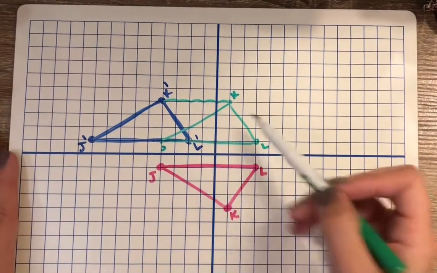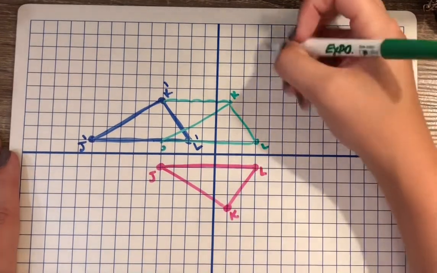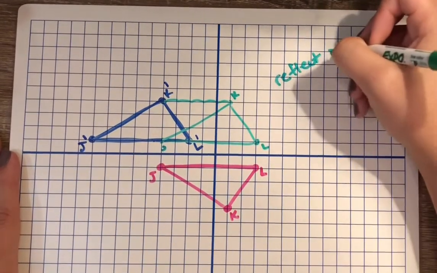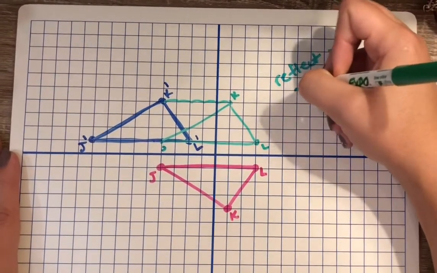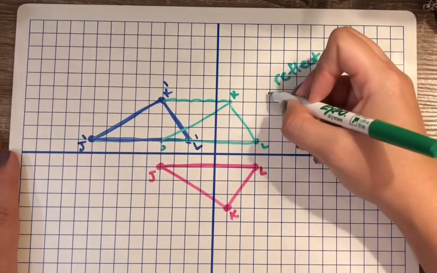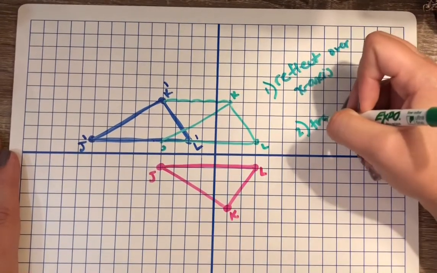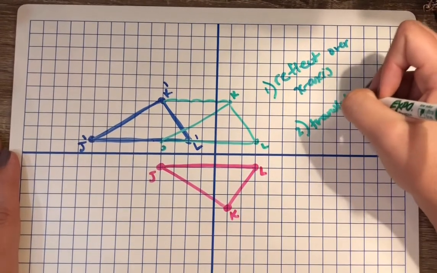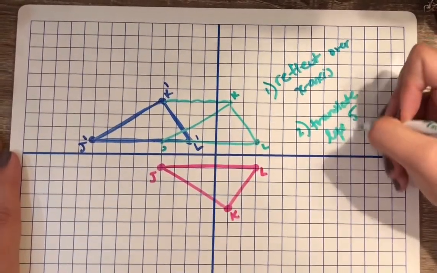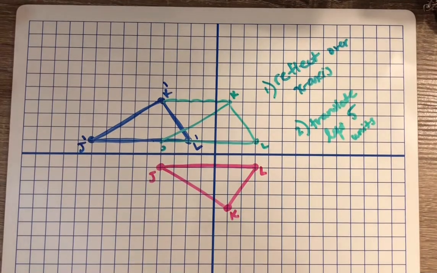So one way to describe this composite transformation would be to reflect over the x-axis is the first step, and then my second step would be to translate left, what did I say, 5 units. Okay, so there are 2 parts to this.